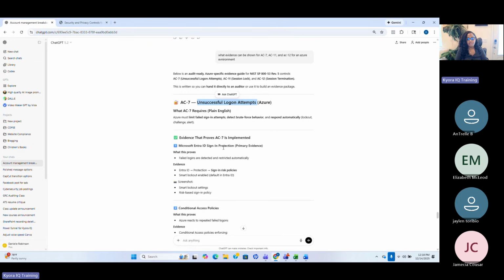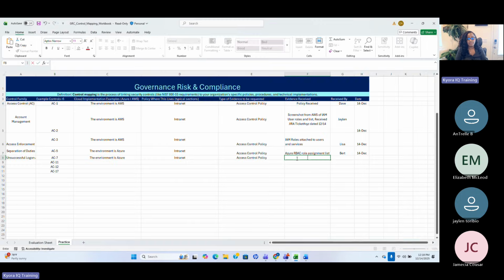So Microsoft Entra ID sign-in protection is the primary evidence. What this proves is that failed logins are detected and restricted automatically. The engineer may give you a screenshot of the Microsoft Entra ID sign-in protection saying that the account is locked after 3 attempts, and that's what you would receive.